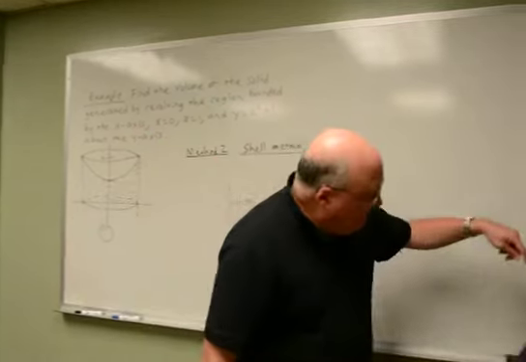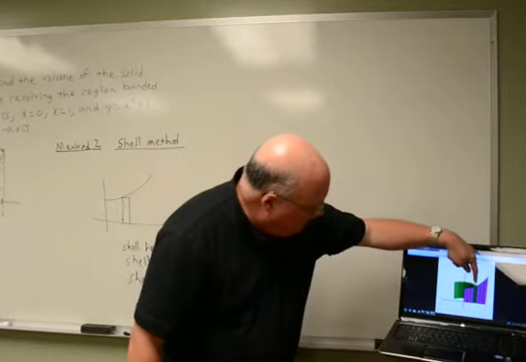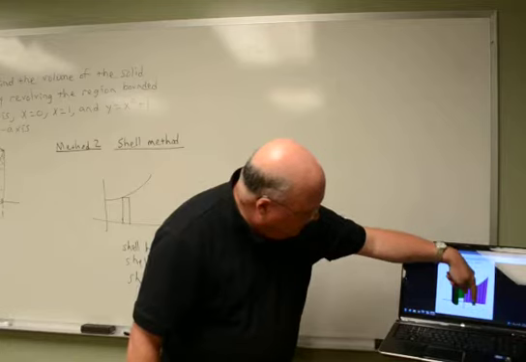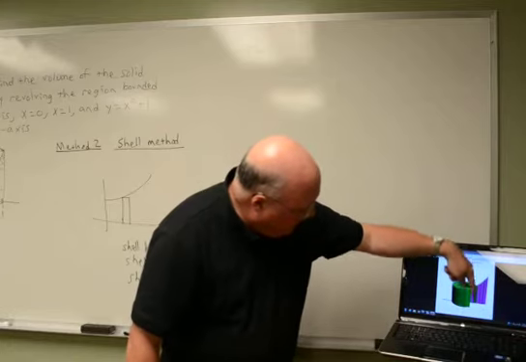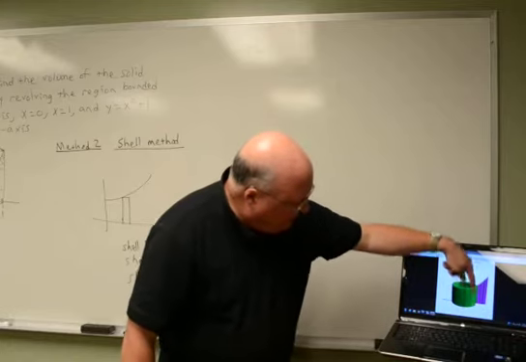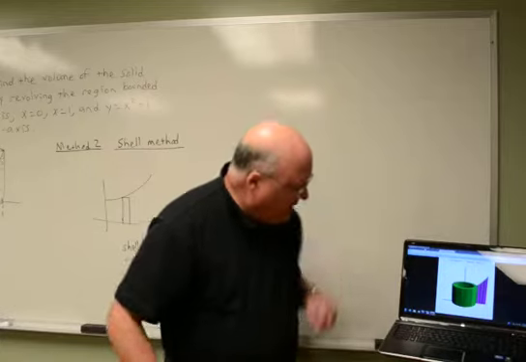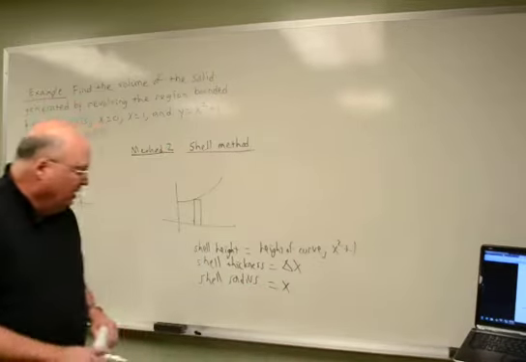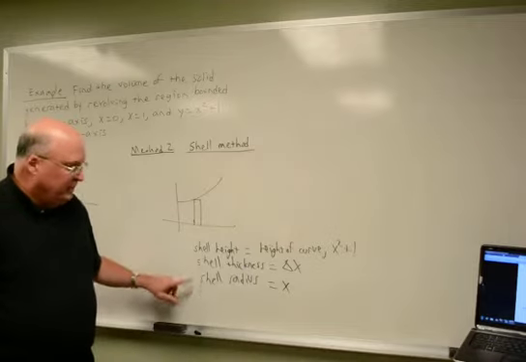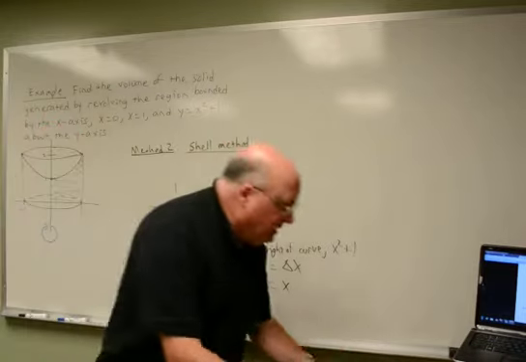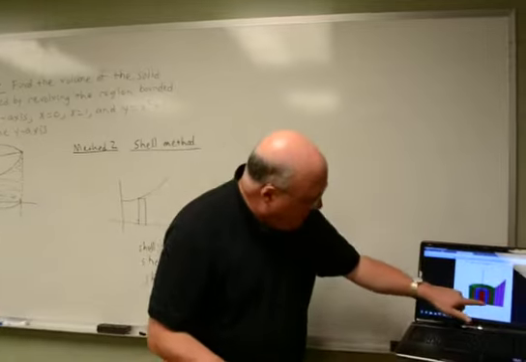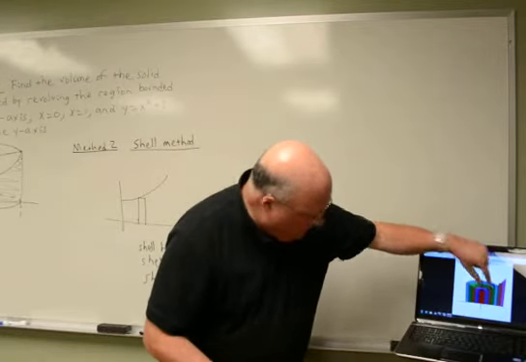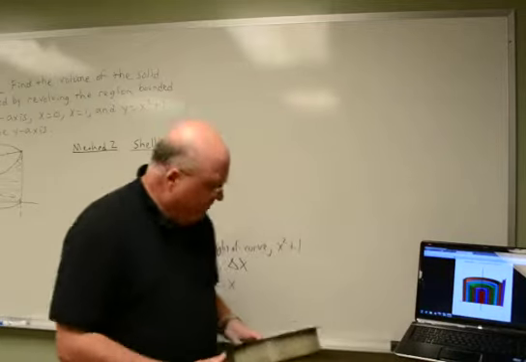The radius of the shell is the distance from the y-axis to the rectangle where we're at, but that's our value of x. So that shell radius then is x. So we have our shell height, thickness, and radius. Those are the three dimensions of our shell. Again, height of the curve, our dx, and then our radius are the three things we need.